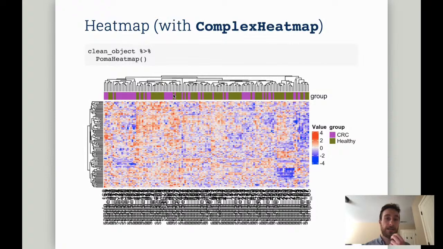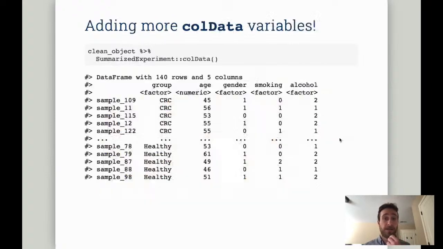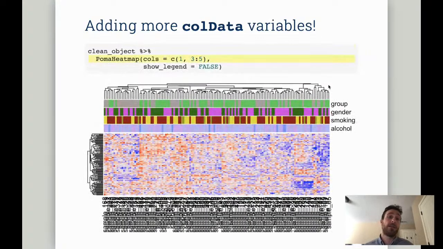This heat map is clustering our samples using this group here. But we had other covariates, for example, age, that is numeric, but we have gender, smoking, and alcohol that are factorial variables. So we can include that if we want in our heat map, doing this.